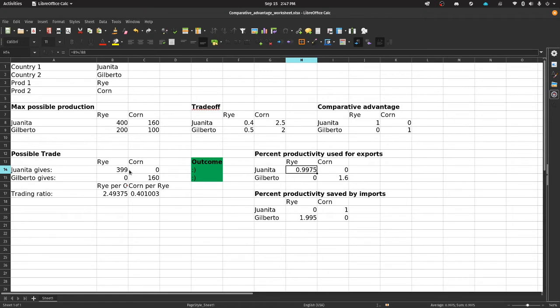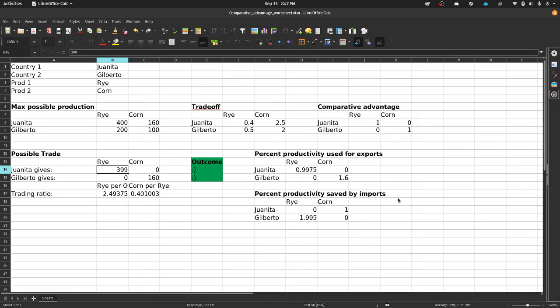She's going to walk away with a whole year's worth of corn plus a little bit of extra rye. Gilberto is spending a year and a half to produce all this, so we're not going to be able to make this trade every year. He's going to have to save up. But what he's getting in exchange would have taken him even longer, so Gilberto's coming ahead on this trade.